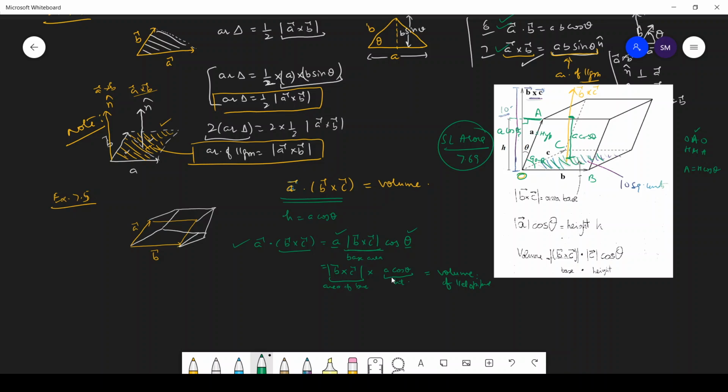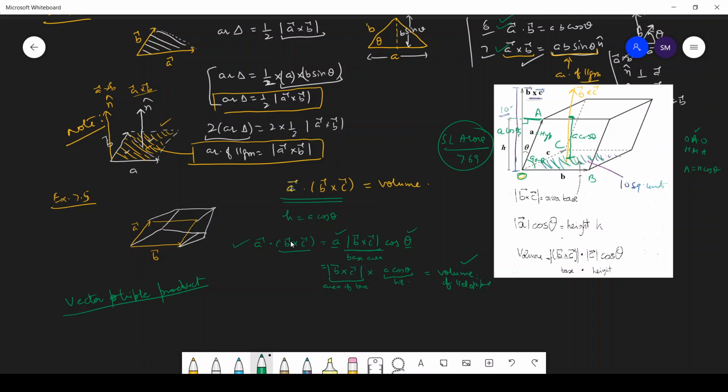So area of base into height is the volume of the parallelepiped. Students, this we call vector triple product.